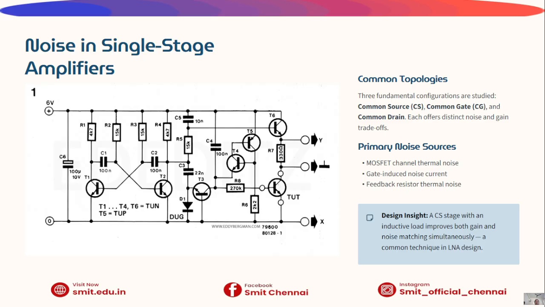The major noise sources in these amplifiers include MOSFET channel thermal noise, gate-induced noise current, and thermal noise from feedback resistors. A commonly used technique in low noise amplifier design is employing an inductive load in a common source stage. This improves both gain and noise matching simultaneously.